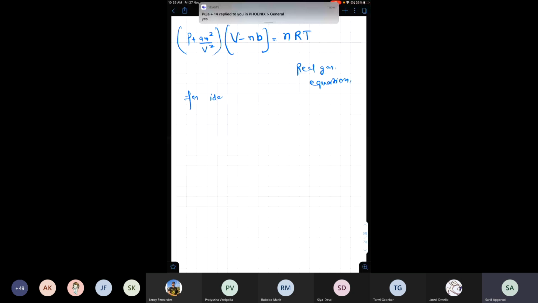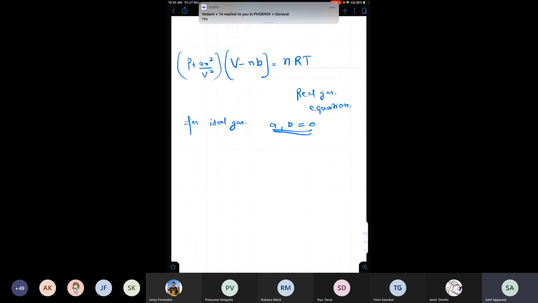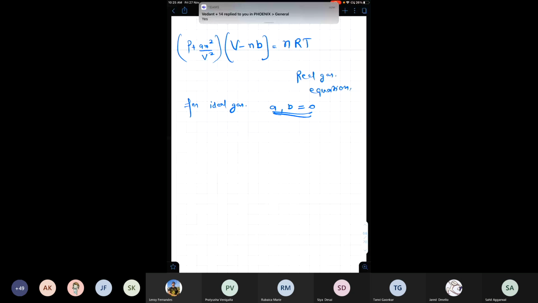For ideal gas, a and b are equal to 0. For ideal gas a and b will become zero. Again you will get PV equals nRT. Understood?